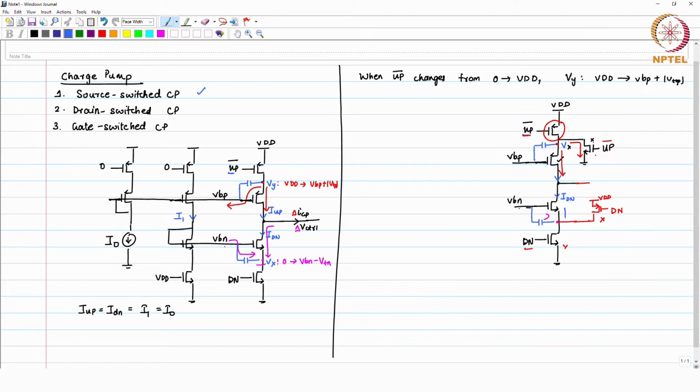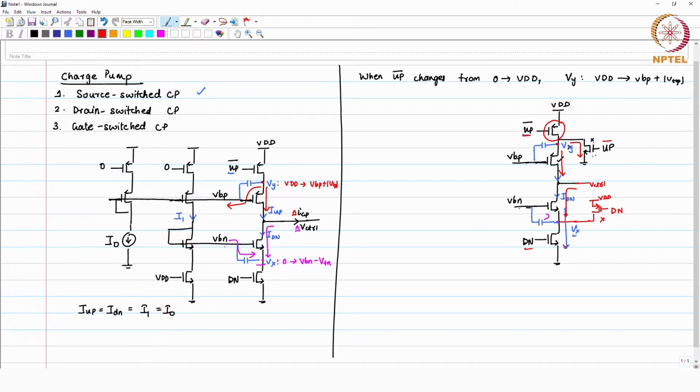The current path is shown here, but when you go from down equal 1 to 0, previously your Vx node was going to VBN minus VTN, but now this particular Vx node is charged to VDD or higher potential, such that the current which is drained from the V control node is minimized, or reduced to 0.